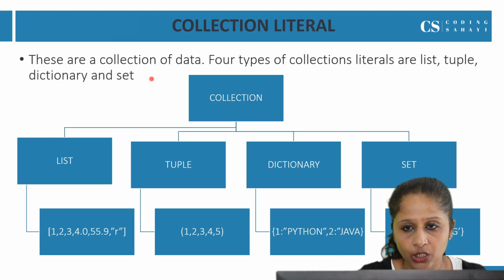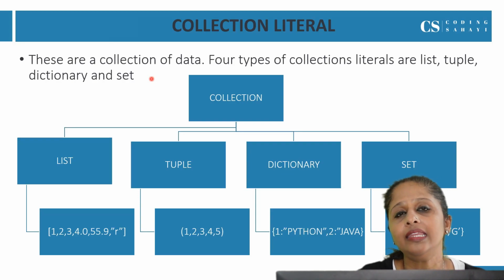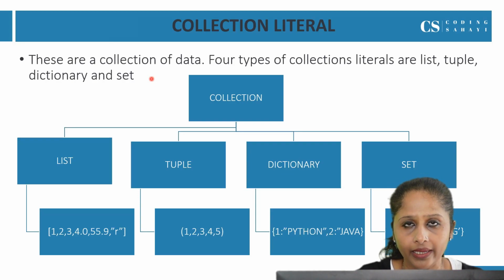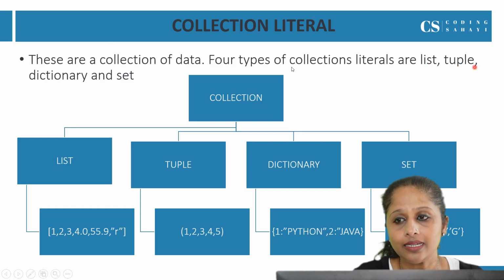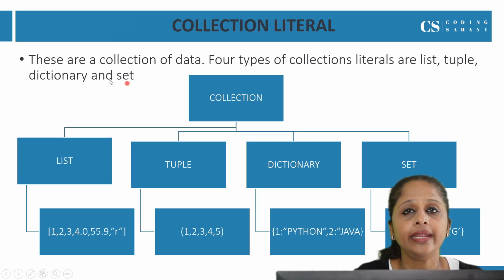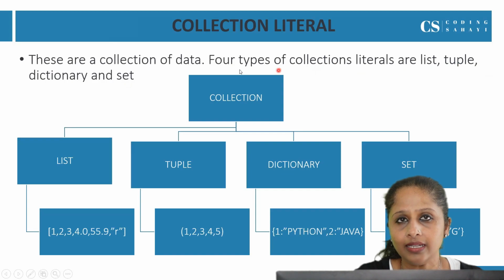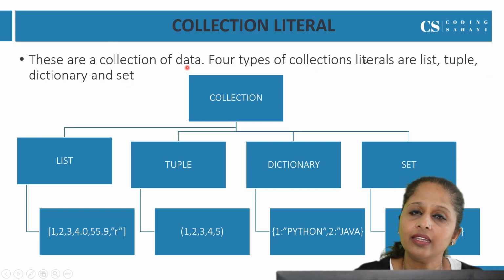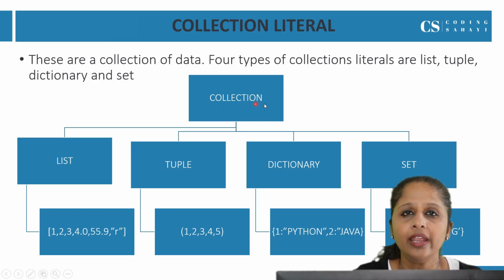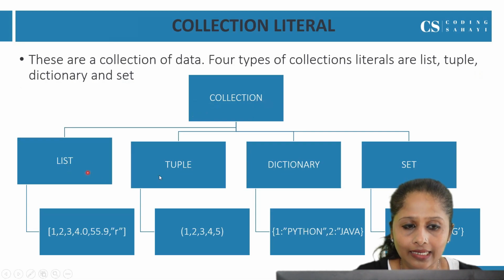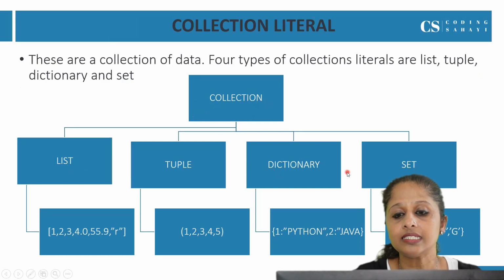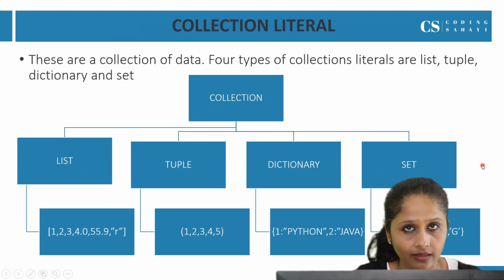For representing this collection of data in Python, we have different tools, that is list, tuple, dictionary and set. So collection literals are divided into list literals, tuple literals, dictionary literals and set literals.